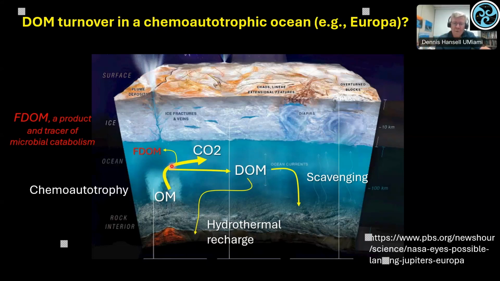But the metabolic processing of organic matter itself leads to the accumulation of fluorescent organic matter. And so there are folks in the ocean sciences searching out the distribution of this fluorescent dissolved organic matter. So it's a tracer for metabolic, catabolic processes, and particularly microbial catabolism out there.